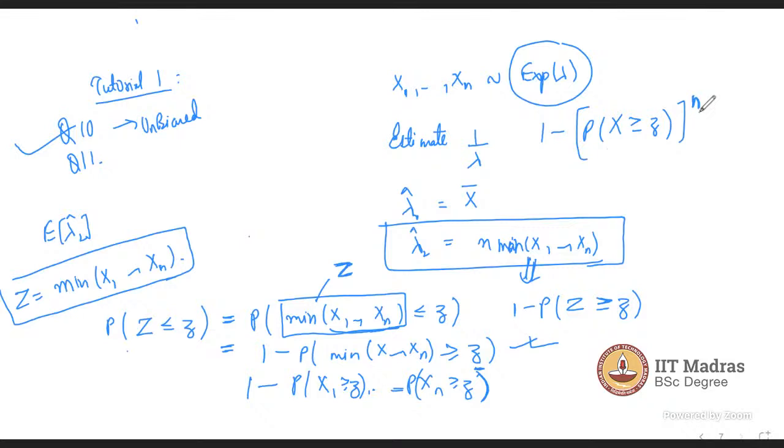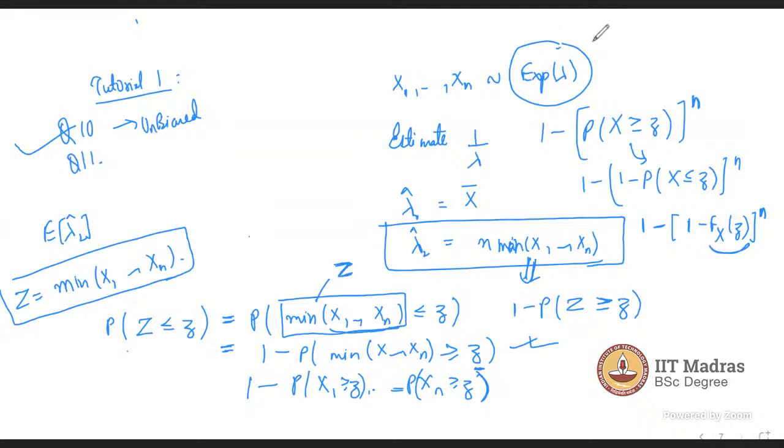Now again, you can write this as 1 minus the probability that X is less than or equal to z, correct? Now this is the same as 1 minus Fx of z to the power n. And what is Fx of z?